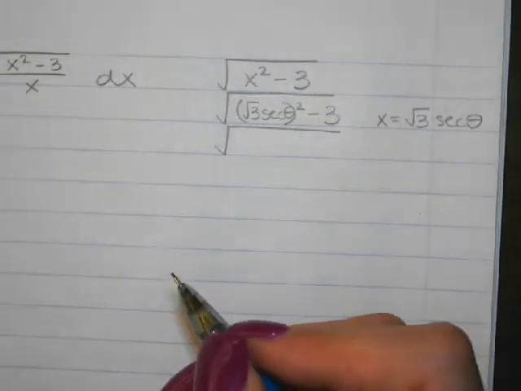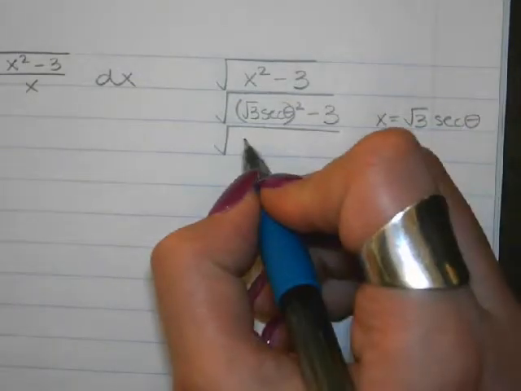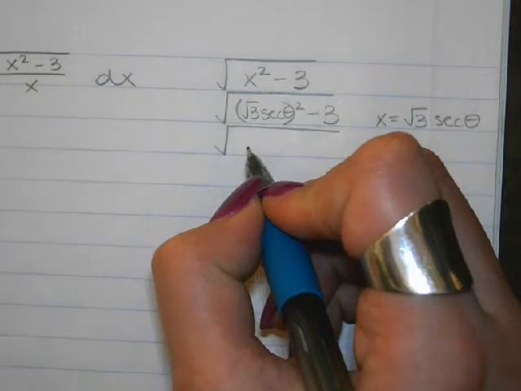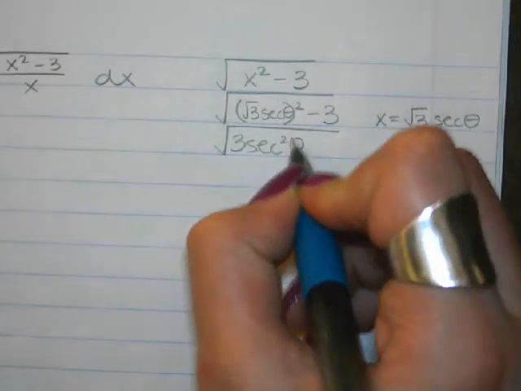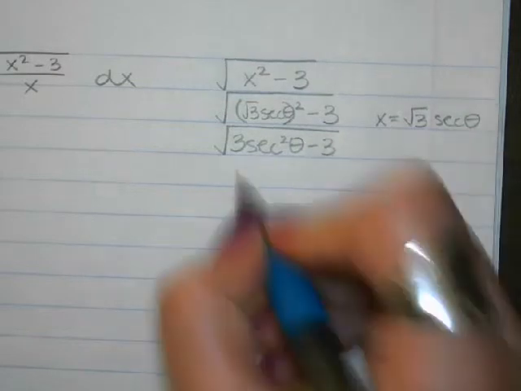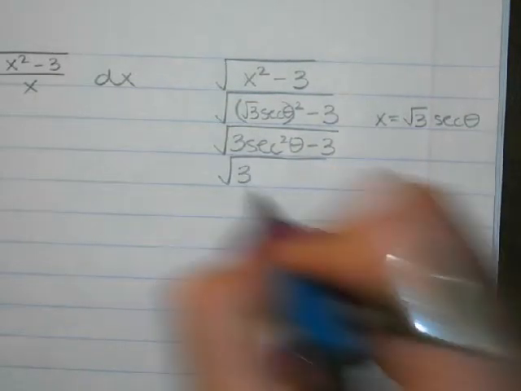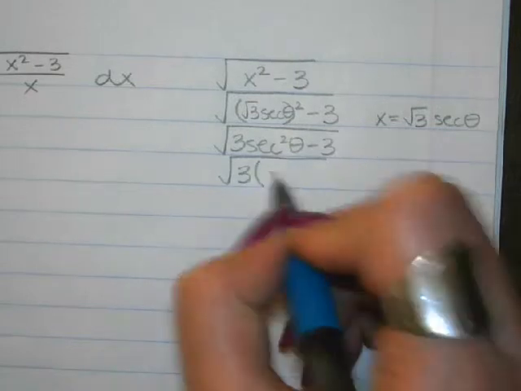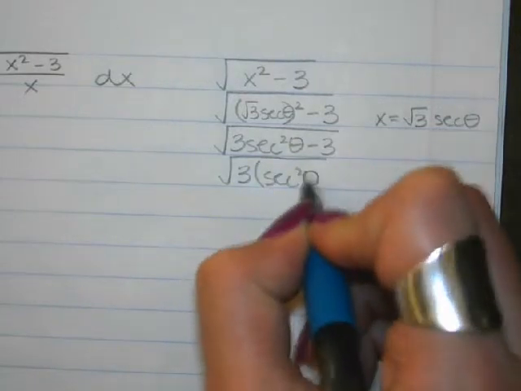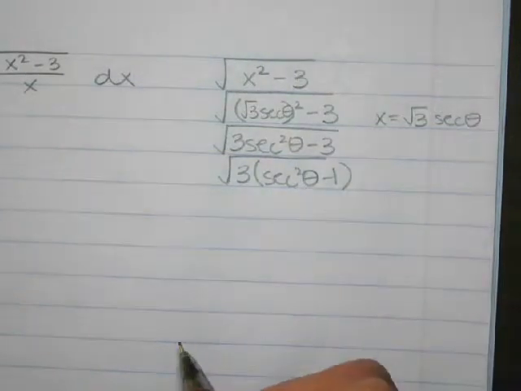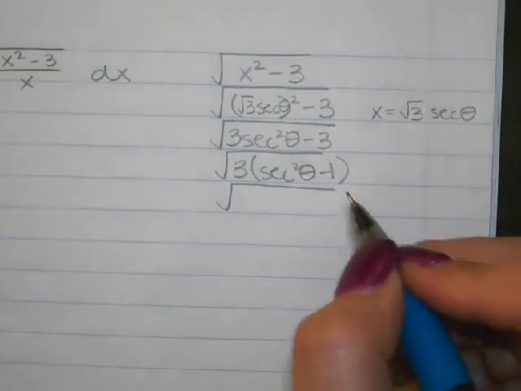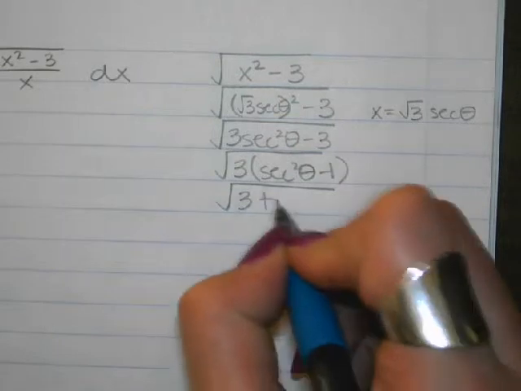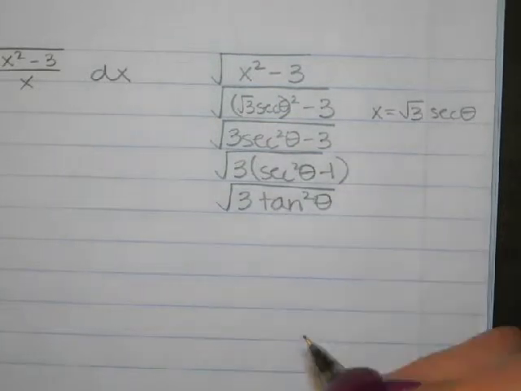All right, so what do we have? Perfect. So take out our GCF, we got secant squared minus 1, and then we got our tan squared.